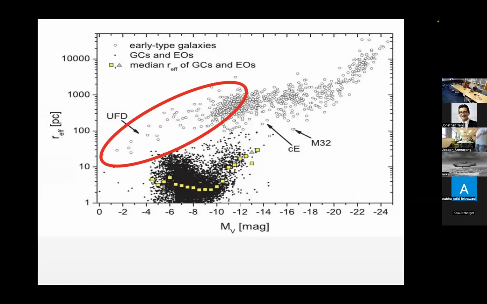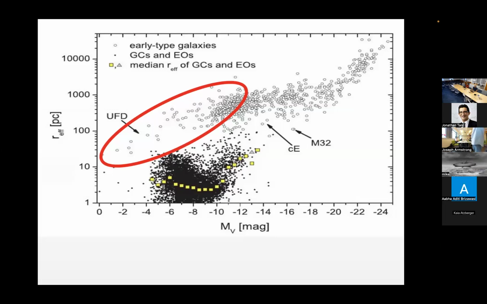At the low end, in black, we have the globular clusters, extended a little bit to the right by ultra-compact dwarf galaxies, where people don't know, are they just stripped nuclei or are they just the extension of the globular cluster sequence to higher masses? And on top, you see coming from the right down, the sequence of elliptical galaxies.